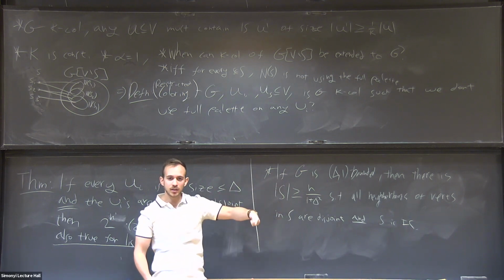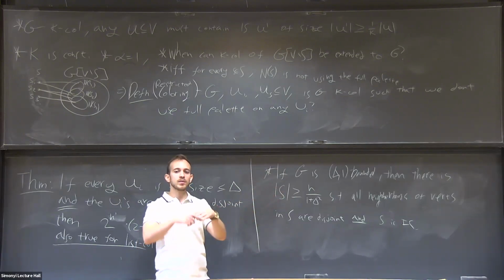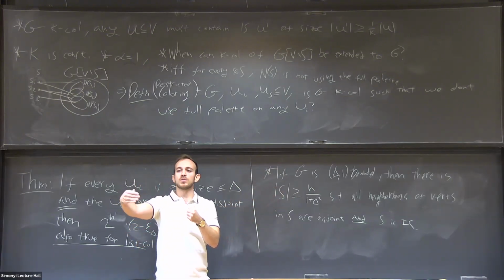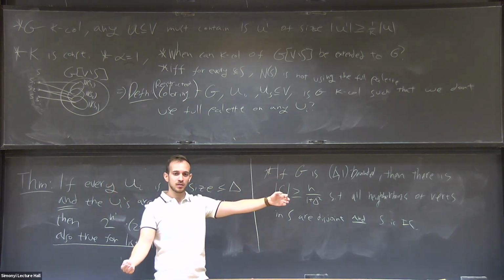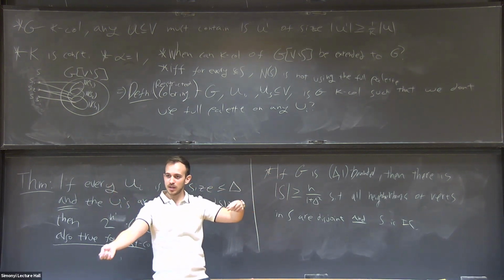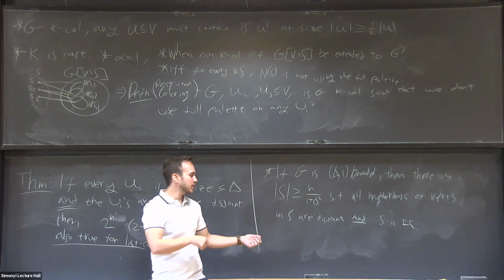I take a vertex, I add it to S, and I remove from my graph its two neighborhoods. Everything that is a neighbor of it or a neighbor of its neighbors. Then I take another node that I didn't remove and do the same thing.